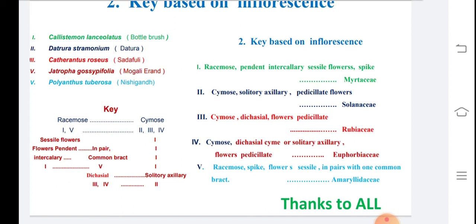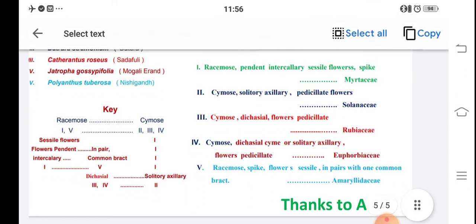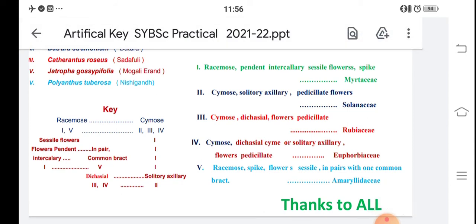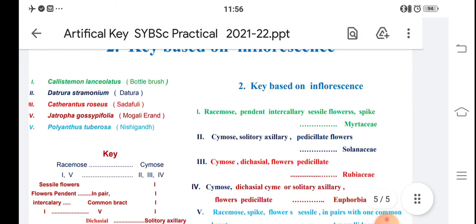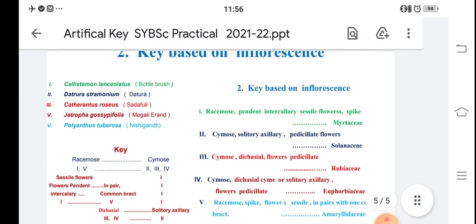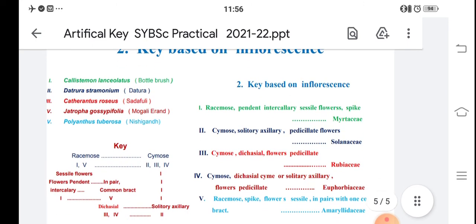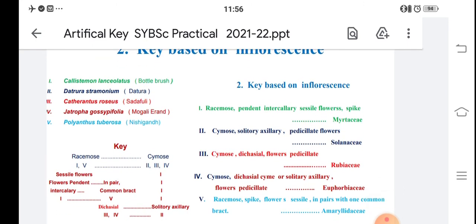Fourth material, cymose, dichasial cyme, solitary axillary flowers and pedicellate. And the fifth material, it is Polianthes tuberosa. So racemose, spike, flowers sessile, and in pairs with one common bract. Now you see the examples are different, but we have considered only the inflorescence character.